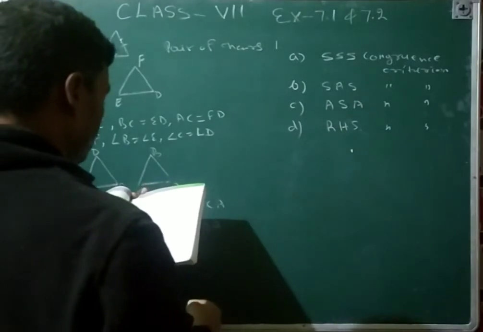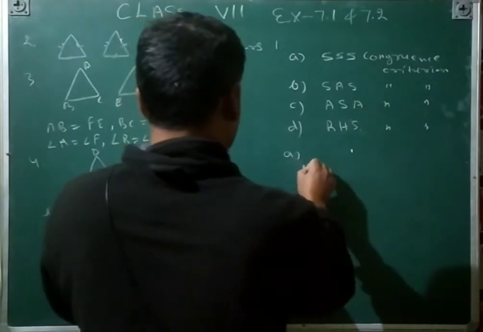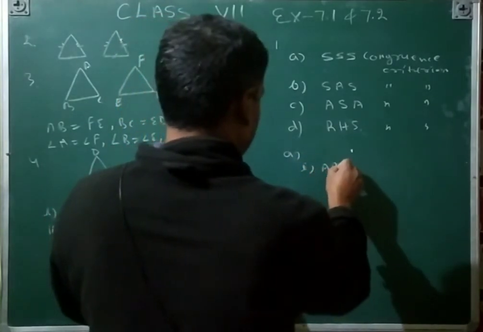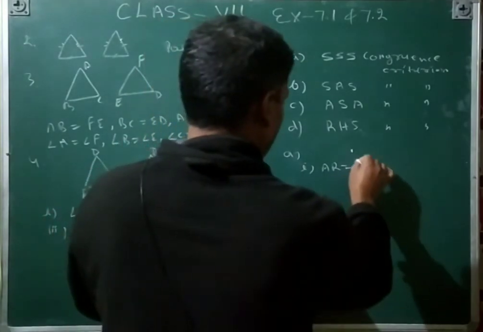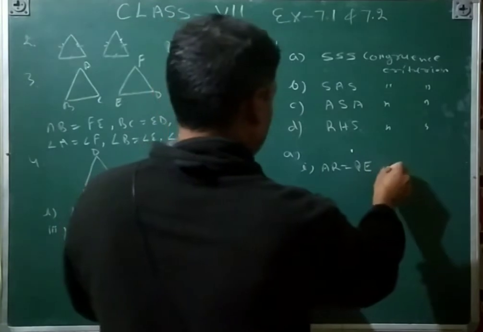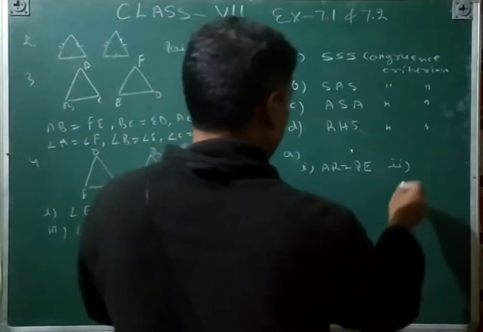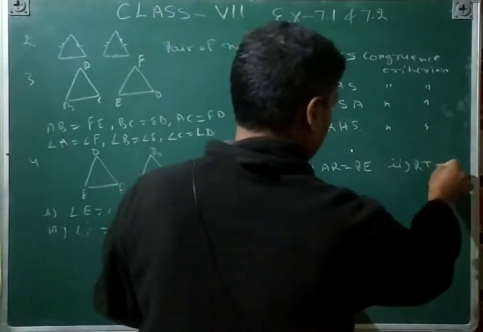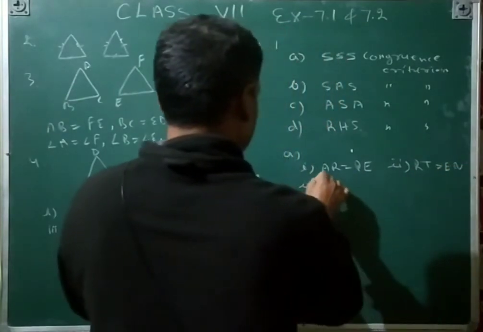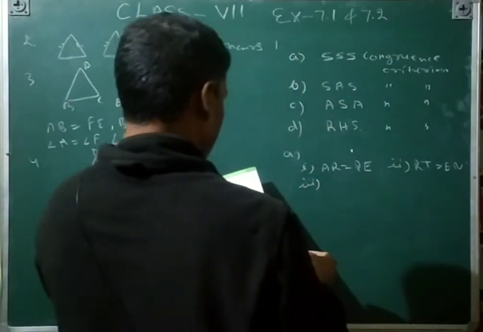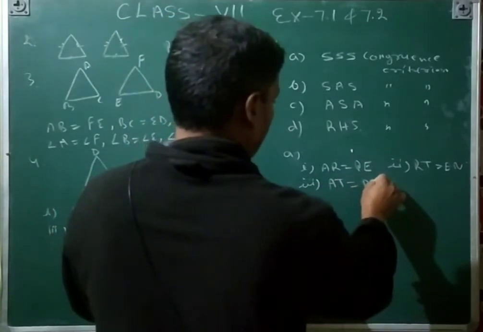So AR is equal to PE for part A first, and then second RT is equal to EN, and then third AT is equal to PN.